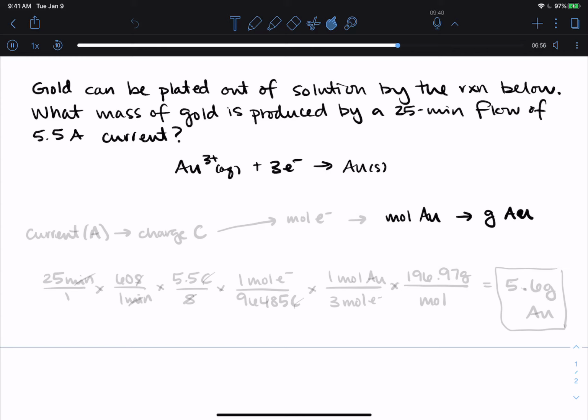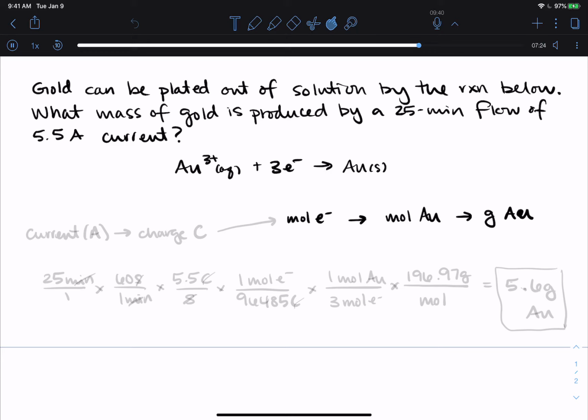I have a balanced half reaction. So for every 3 moles of electrons that I push through in this reaction, I should get 1 mole of gold, because those are the coefficients in my reaction. So if I can get moles of electrons, I should be able to get moles of gold.